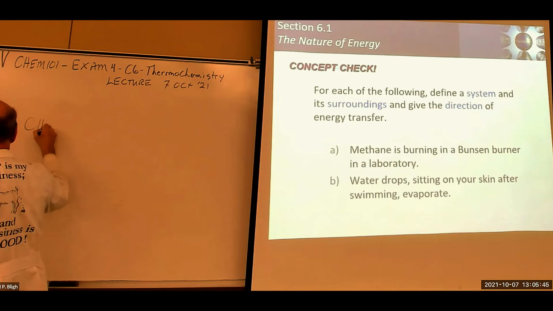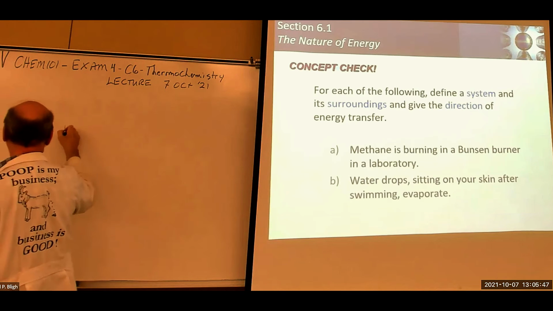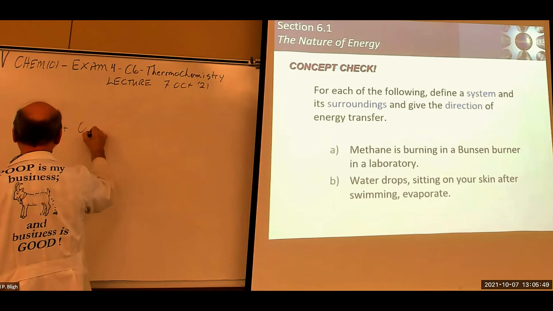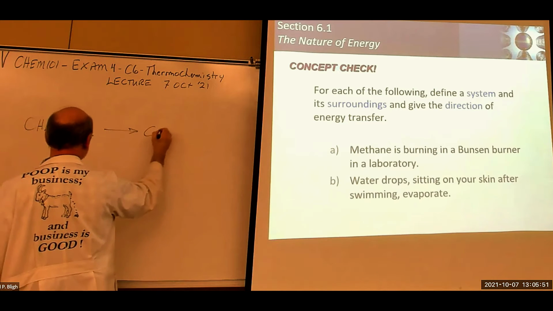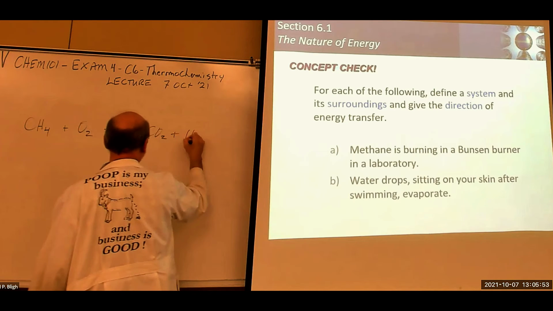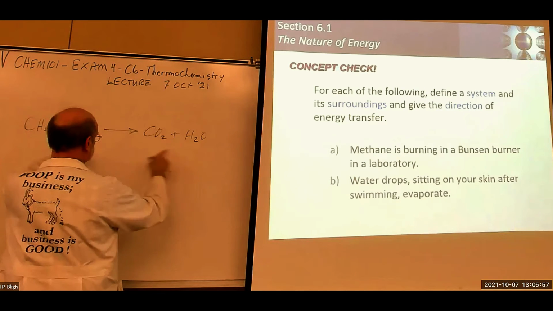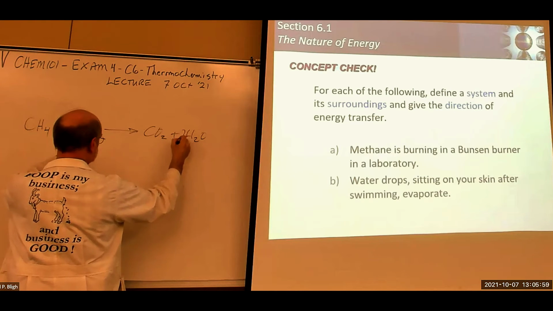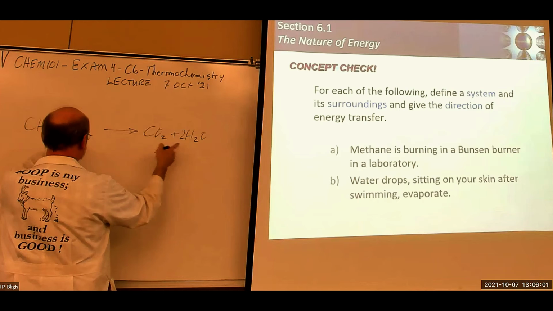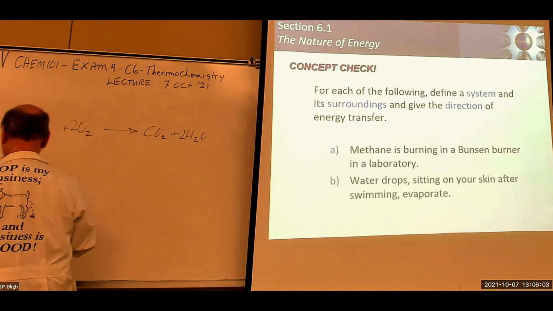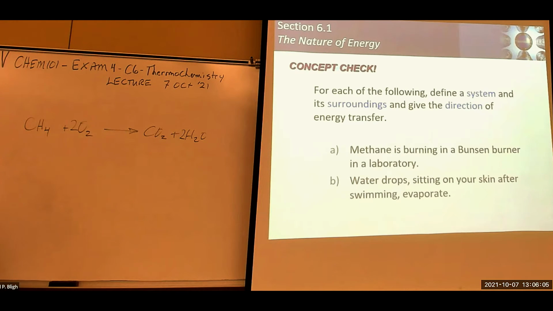Methane, plus you mix a little oxygen in with it, and you make carbon dioxide and water. Okay? So let me balance these things. There we go. So the system is the mixture of gases that we set on fire.